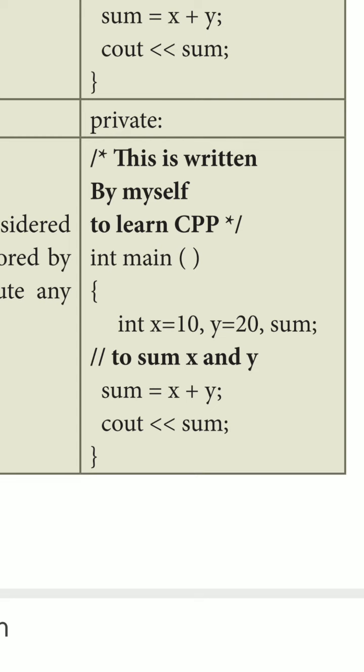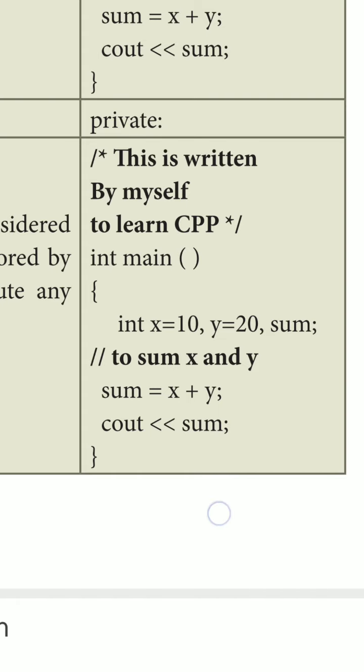The bolded words in this example are the commented words, so they will not be executed by the C++ language. It is for our understanding, so just by seeing the program you can understand the purpose of the program. It is a very easy one.